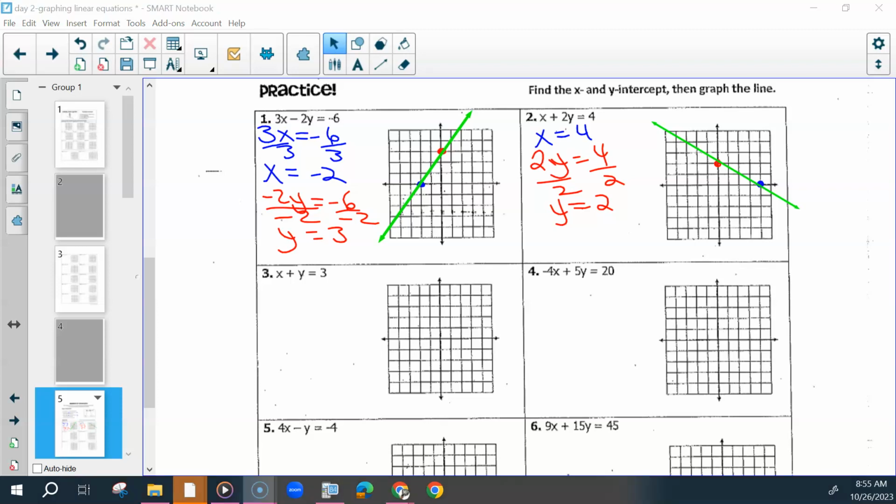Were there any that we wanted to go over, double check the answers to, anything like that?